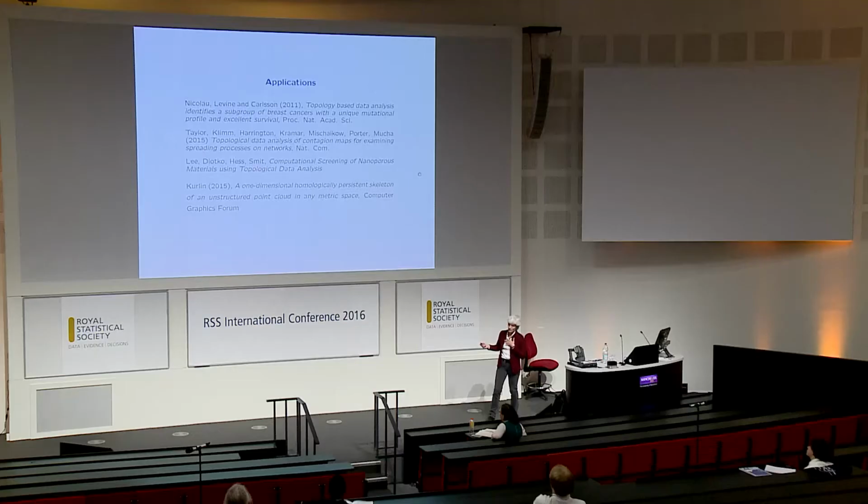They have tried to figure out which silicon and oxygen combinations, molecule structures, are good for catching carbon monoxide. And from my perspective, what's interesting, not only have they used connected components, the B0, but they have also used voids. The second Betti number comes in the analysis.